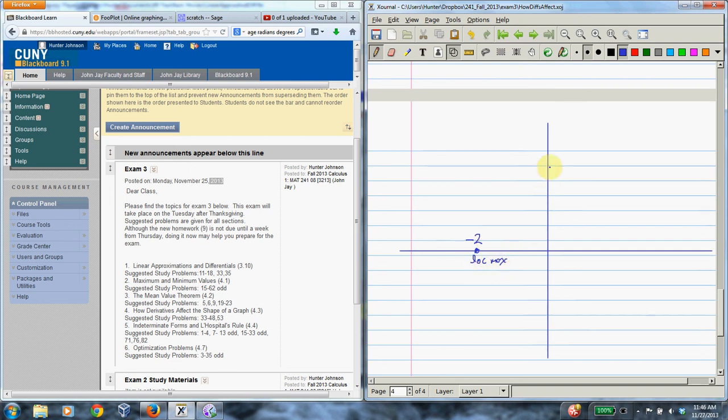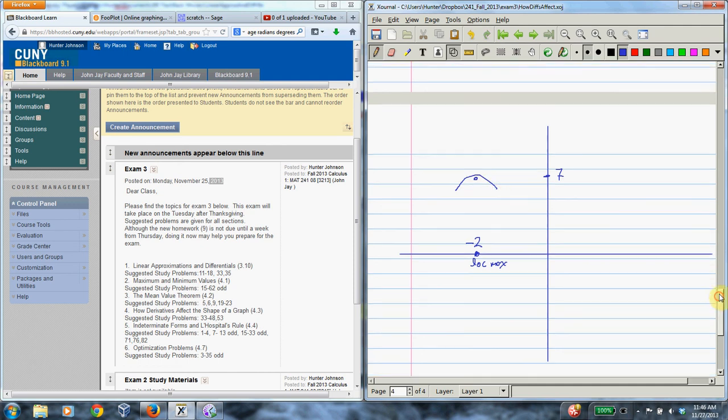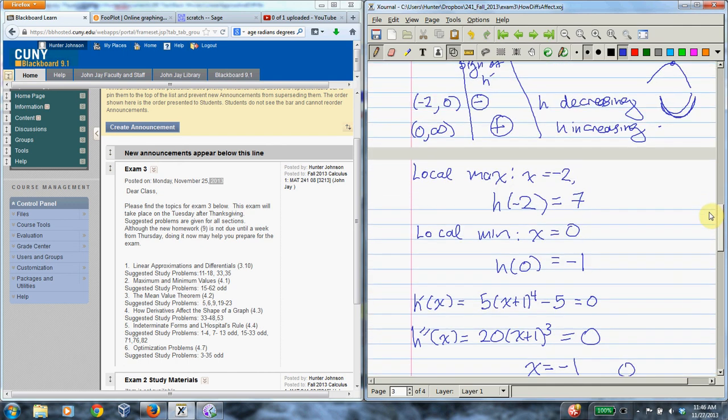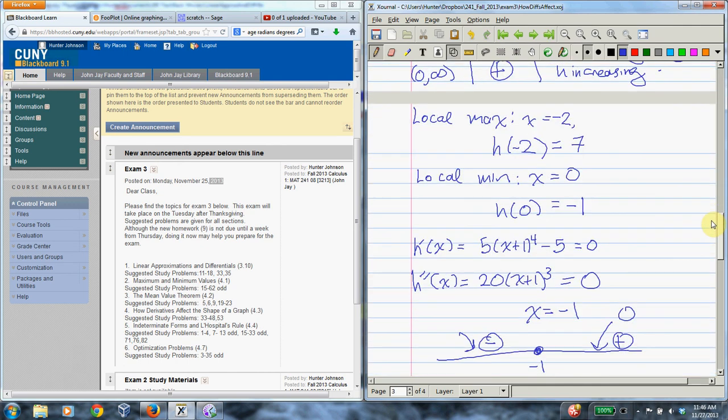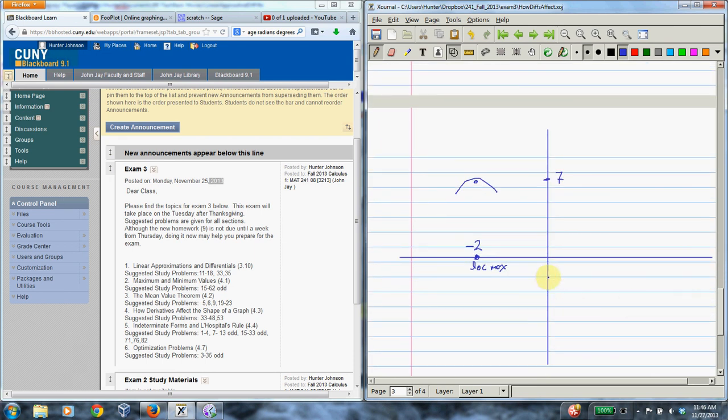And we actually know that the function evaluates to 7 there. So it's going to look like this around there. Oh, that's terrible. Okay, something like that. And we know that 0 is where a local min happens, and the local min is -1. So -1 is going to look kind of like this here. Okay, and we know that it has an inflection point at -1.